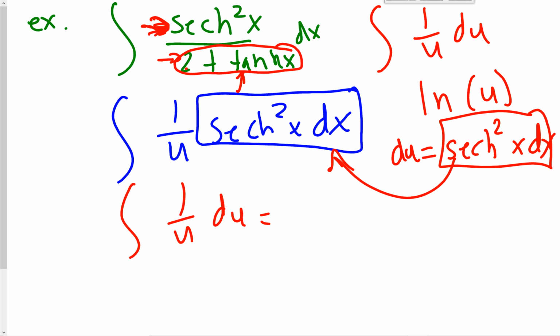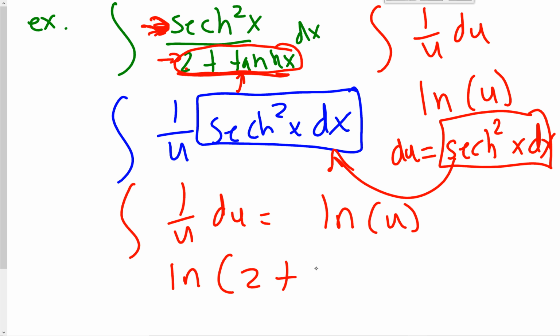So now I can integrate that, which is ln of u, but my u is the bottom. So ln of 2 plus hyperbolic tangent of x. Oh, there's not an n at the end there, there's just an x. Sorry. And so there is my answer.